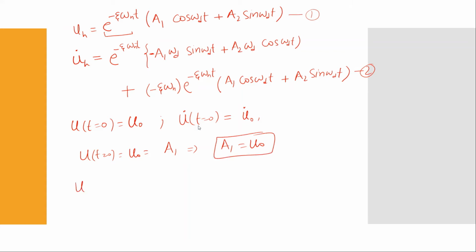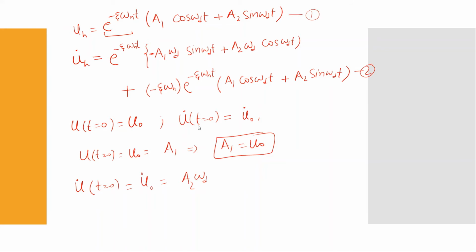Now we would have the second equation, so we'll put t equals 0 in the second equation. That would be u0 dot. We know the initial condition at t equals 0 is u0 dot, so we'll just put the value. So now e to the power minus xi omega n t at t equals 0 would be 1, minus a1 omega d sine omega d t at t equals 0, so sine would be 0, so the whole term is 0. For a2, cos 0 is 1, so a2 omega d would be there, one term.